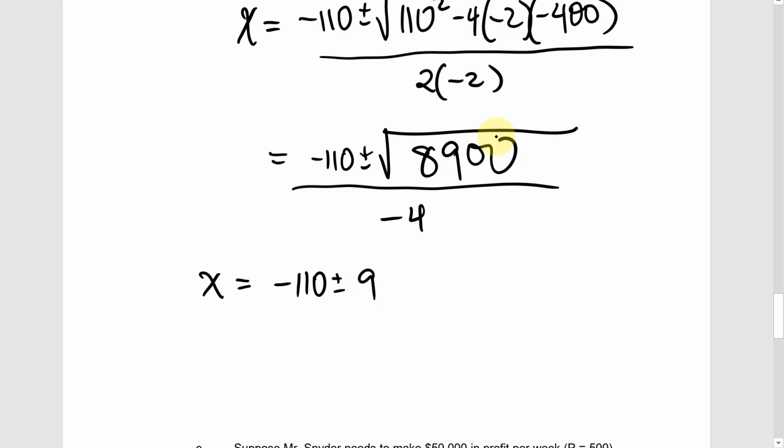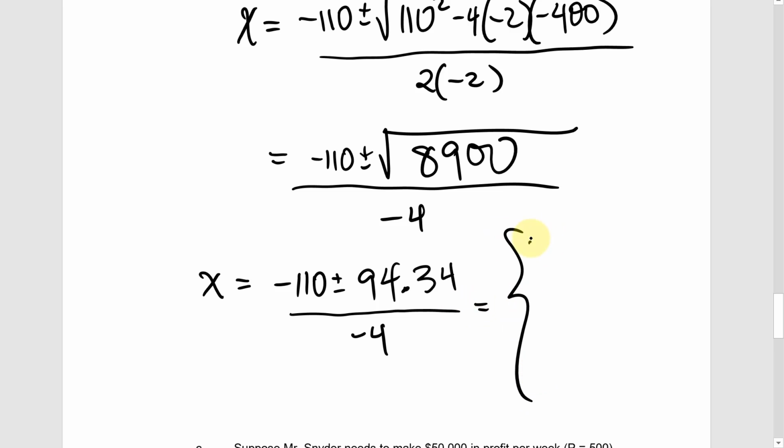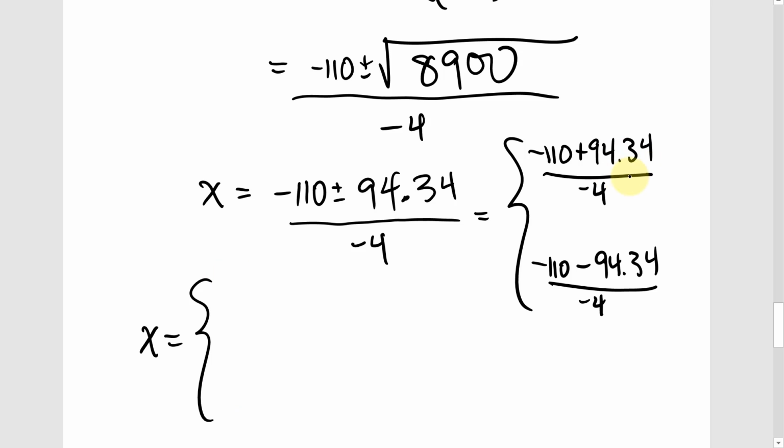So the square root of 8,900 doesn't come out exact. In this case, I can tell that it's an irrational number, 94.34. That seems like a reasonable place to round off. We could make it more accurate. And so I got two solutions here. One of them from this calculation gives me 3.915.